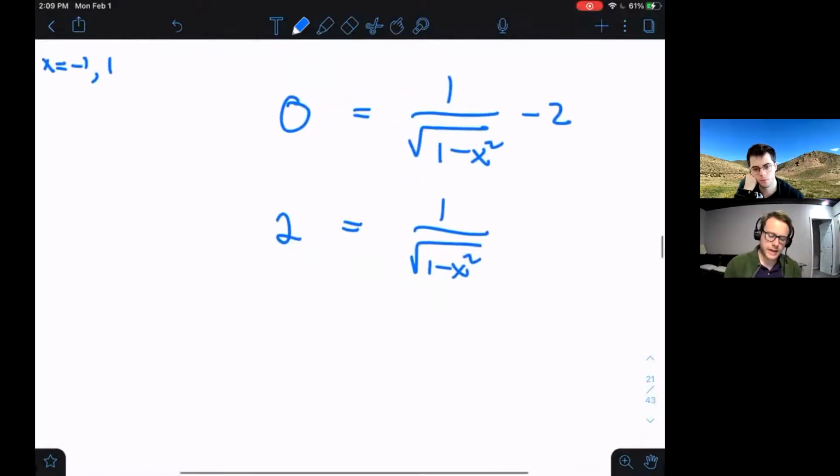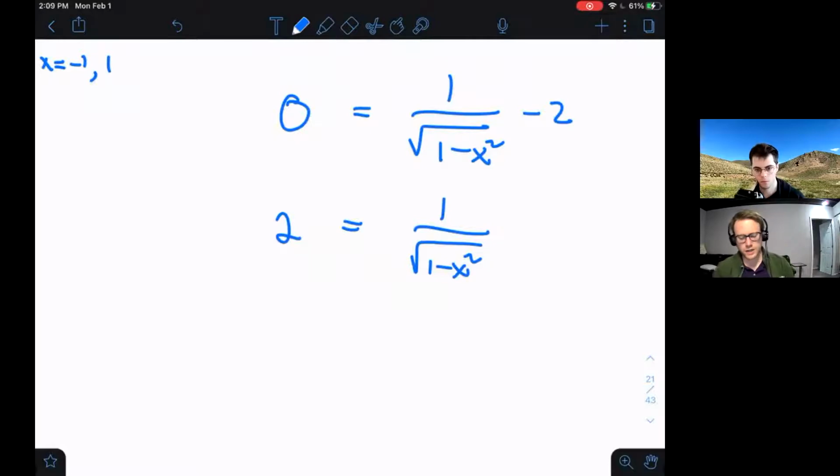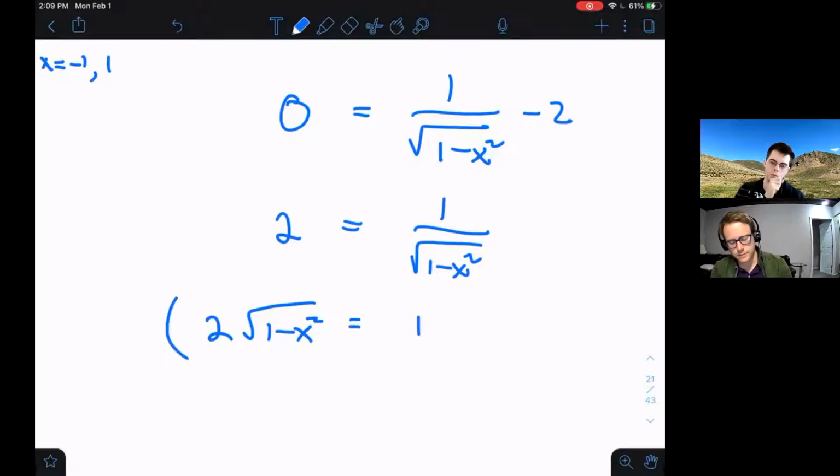Maybe we say that we don't like fractions, so let's get rid of the fractions here. I'm going to multiply through by this square root of 1 minus x squared on both sides. We need to get rid of the square root. We're trying to solve for x, so let's go ahead and square both sides.